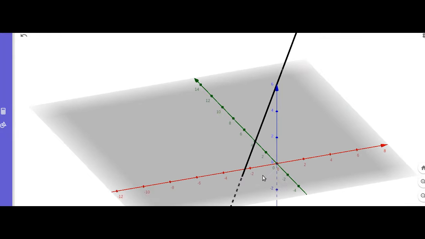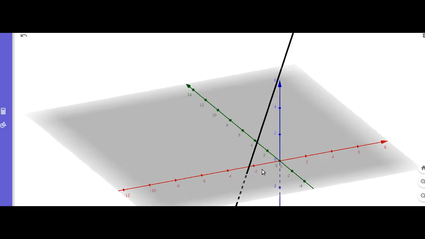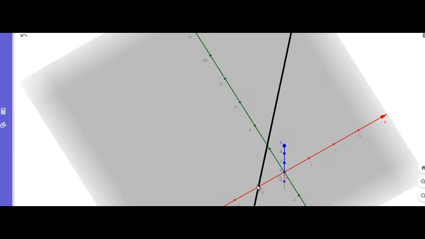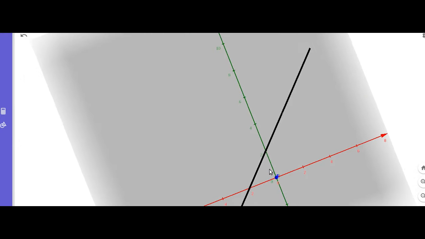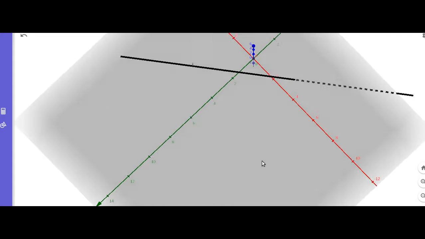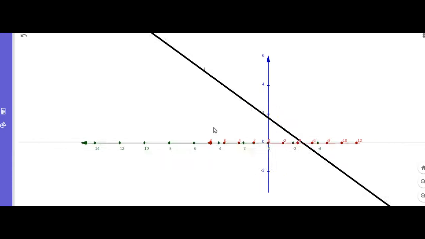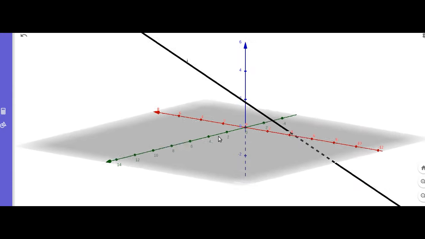If I choose this position, you can see the angle between the x-axis and the line. And if I choose another position, you will see the angle between the y-axis and the line.